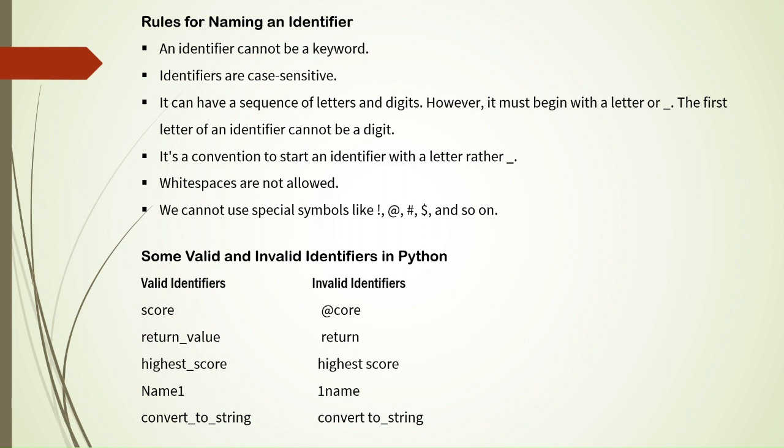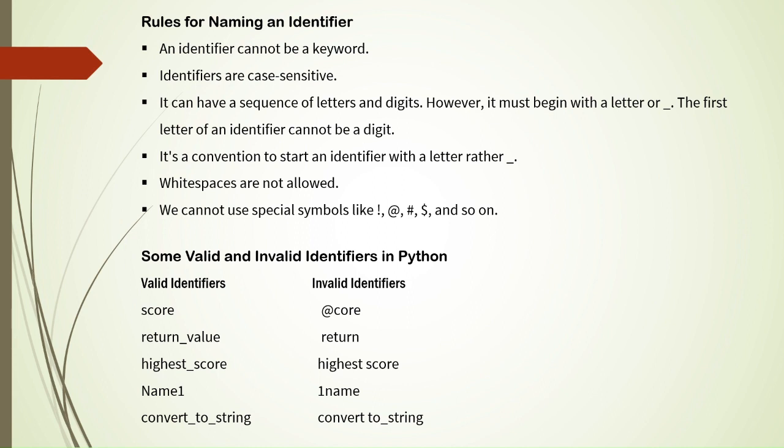Rules for naming an identifier. An identifier cannot be a keyword. Identifiers are case sensitive. It can have a sequence of letters and digits, however, it must begin with a letter or underscore.